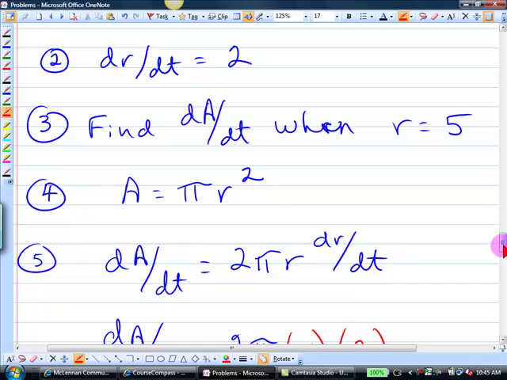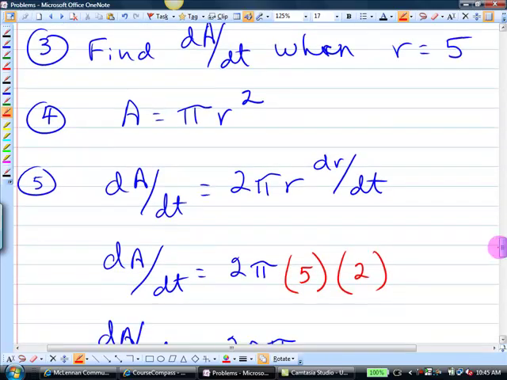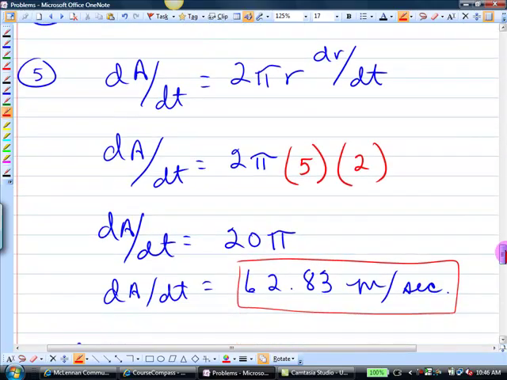You're going to have a dt. And then it's just plugging in what you're given. You were given dr/dt was 2, and you were given that the radius was 5. So we're just going to put those in and then multiply. So dA/dt should equal 62.83 meters per second.